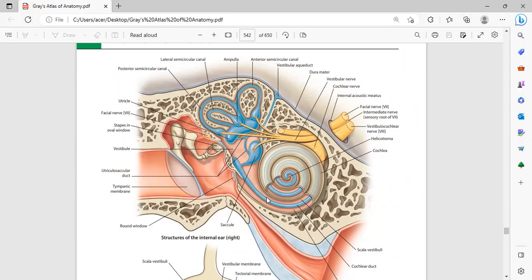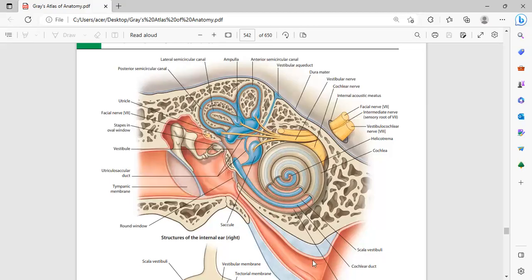It is a conical snail-shaped cavity. It consists of 2 3/4 spiral turns. So you don't have 3 complete turns, you have 2 3/4 spiral turns.